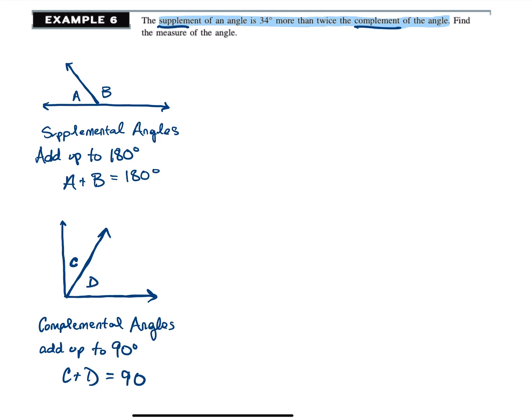So let's try to work through this word problem. It's a little bit tricky. It says the supplement of an angle is 34 degrees. So let's just call this angle, whatever it is, x. We have an angle. That will be x, our unknown.